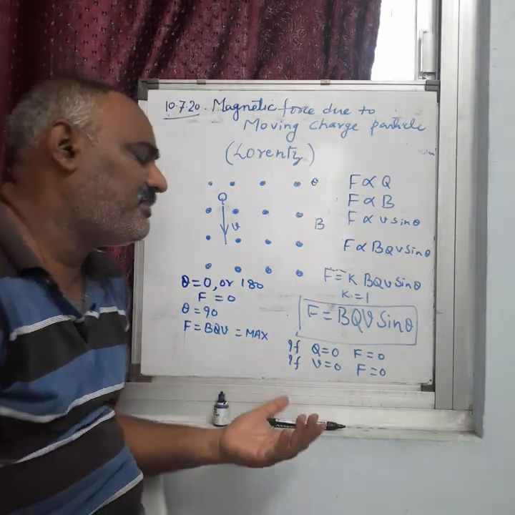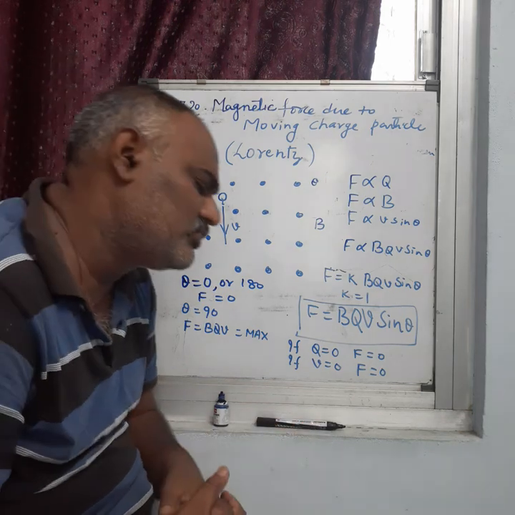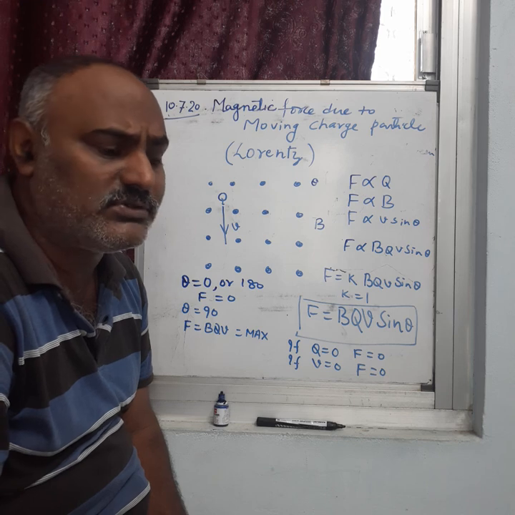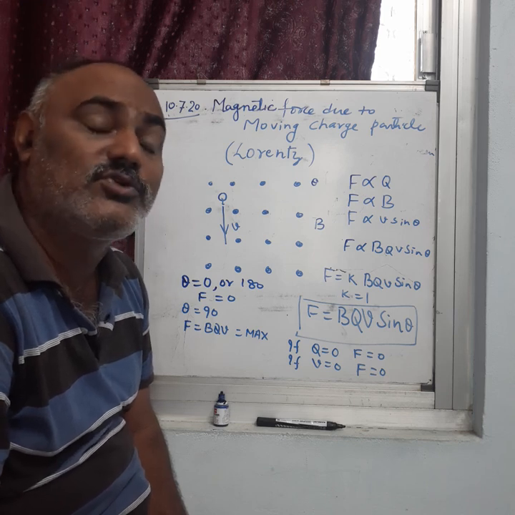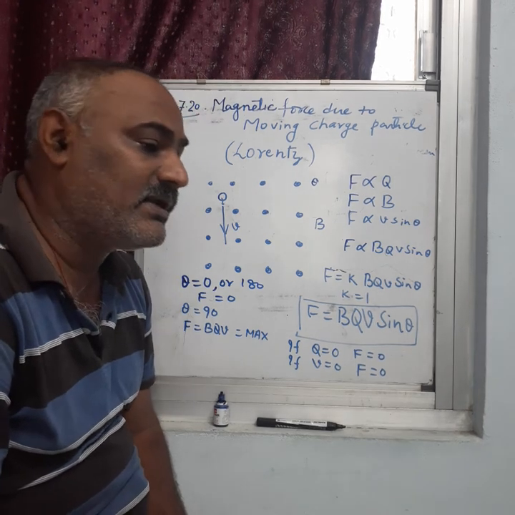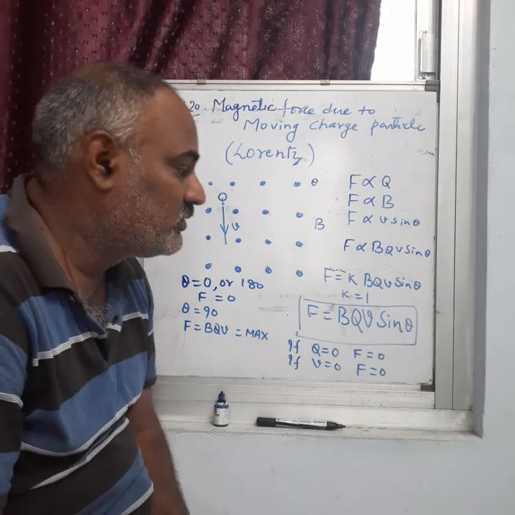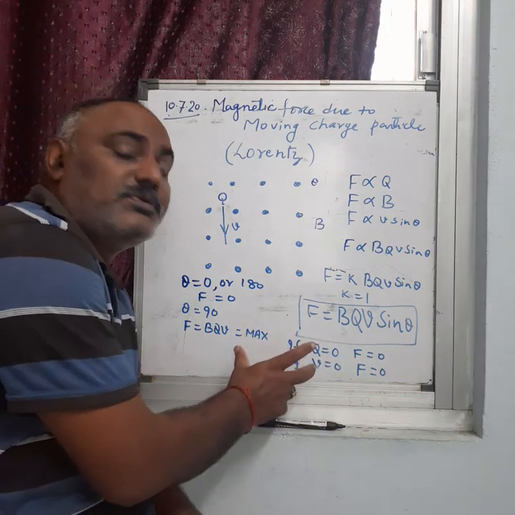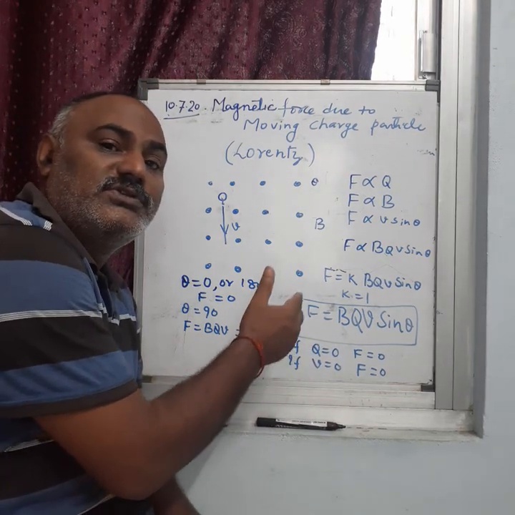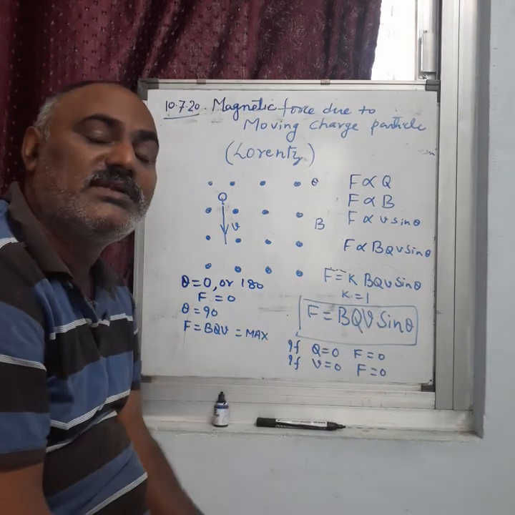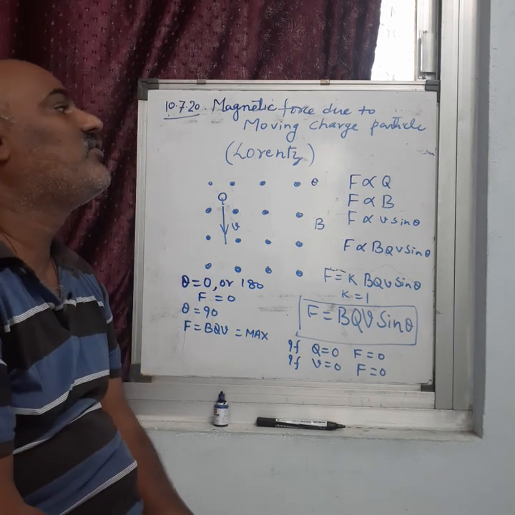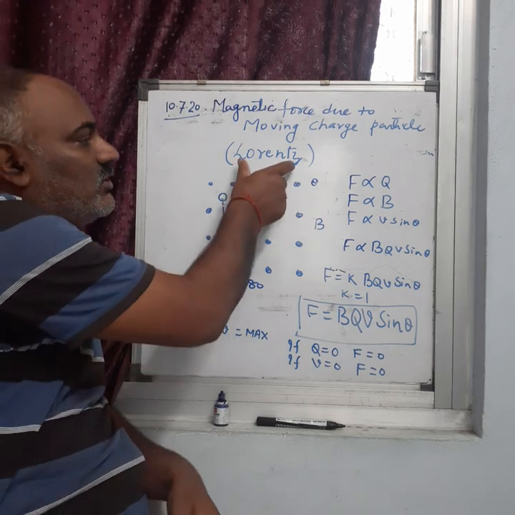This concept is used in many electric devices, such as cyclotrons, electron microscopes, and oscilloscopes. If a charge is moving inside the magnetic field, a magnetic force is produced, and this magnetic force is called the Lorentz force.